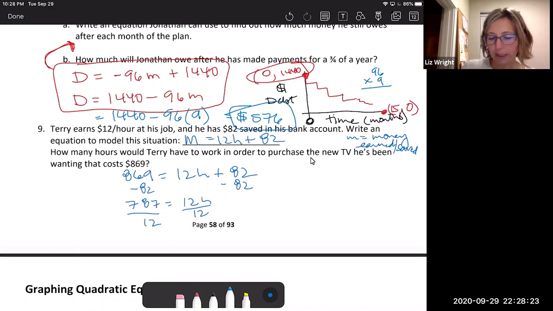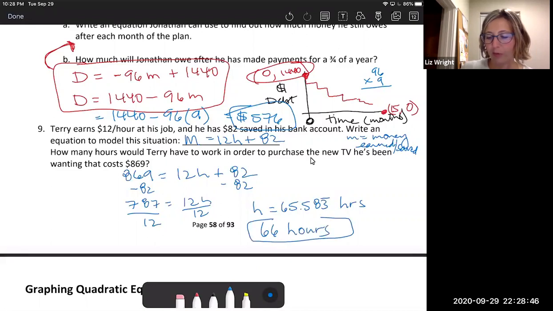On this one, it looks like we are getting H equals 65.583 repeating hours. Well, how many hours would Terry actually have to work in order to get the TV? That would mean 66 hours in order for him to actually be able to afford it.